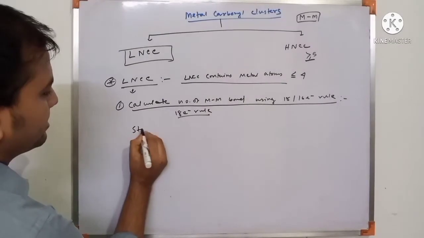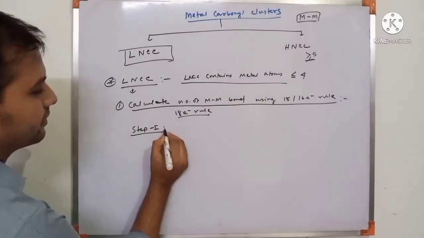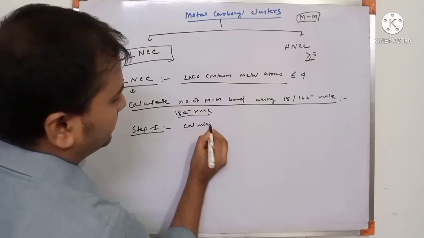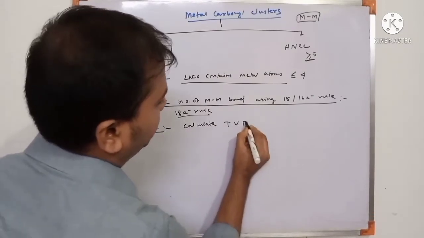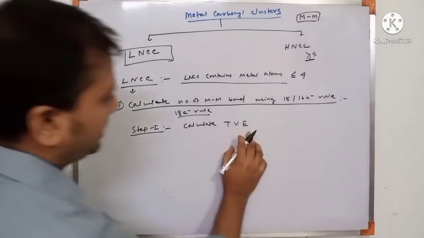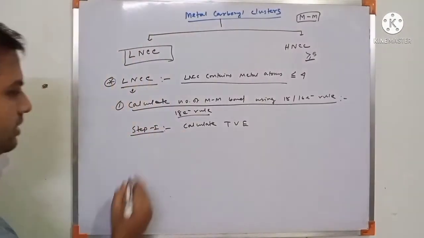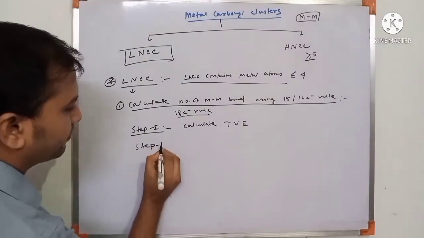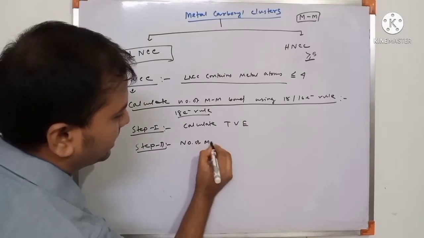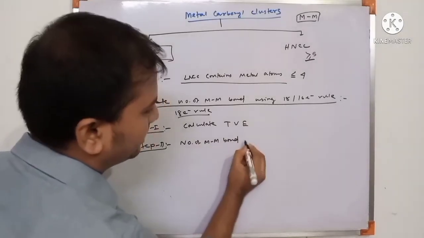Step 1: first calculate the total valence electrons. Step 2: then calculate the number of metal bonds.